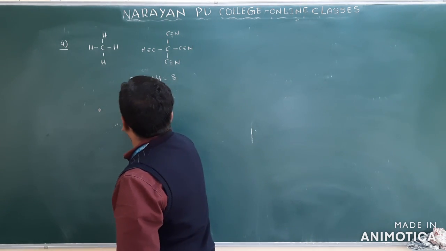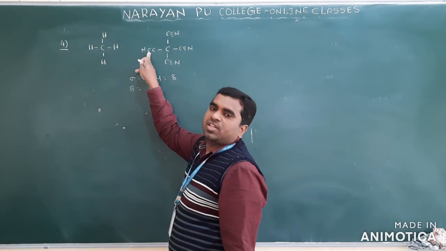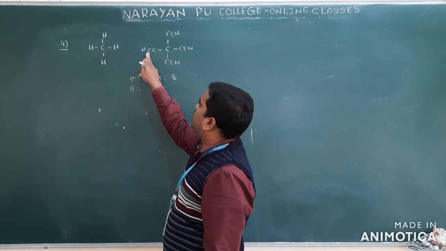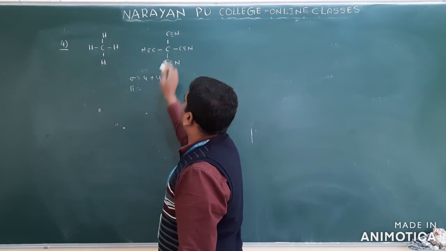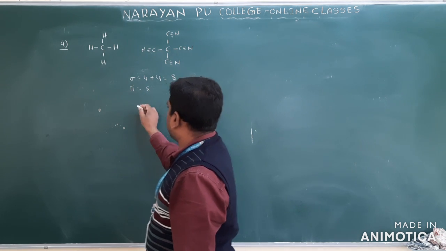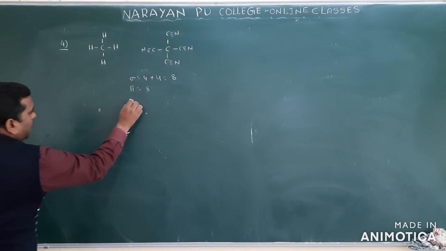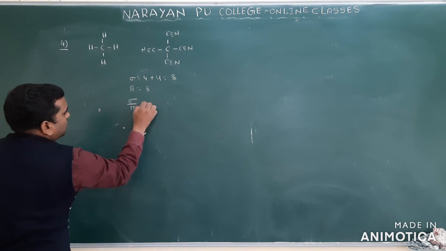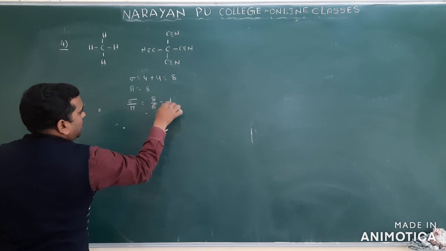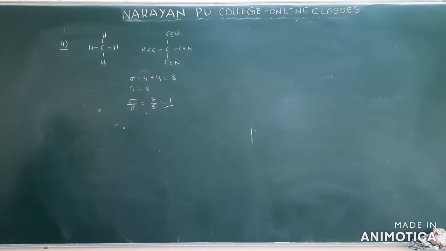How many pi bonds are there? 3 bonds means 1 sigma, 2 pi. Here 2 pi, 2 pi, 2 pi, 2 pi. Total 8 pi bonds. Now they are asking the ratio of sigma and pi. The sigma and pi ratio is equal to how much? 8 divided by 8, that is 1.